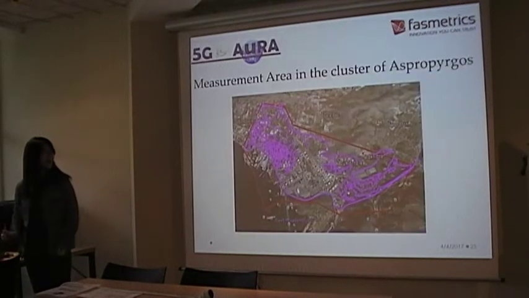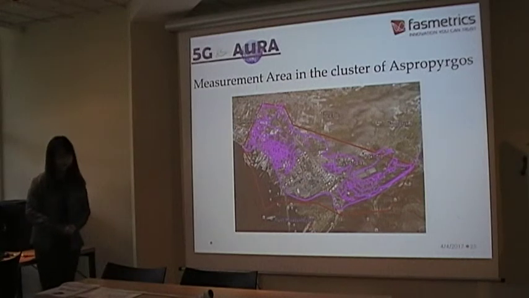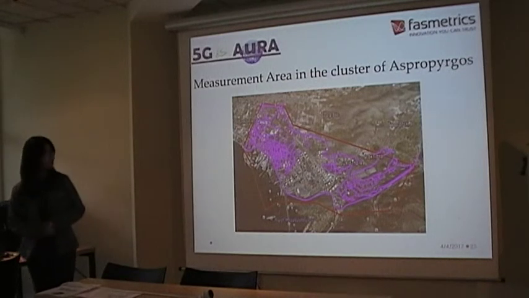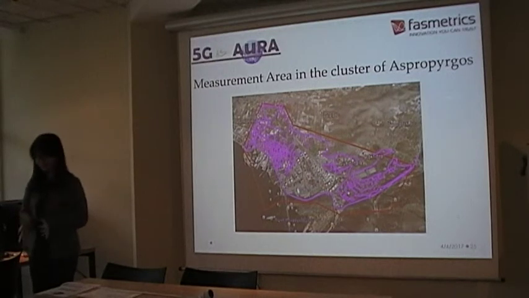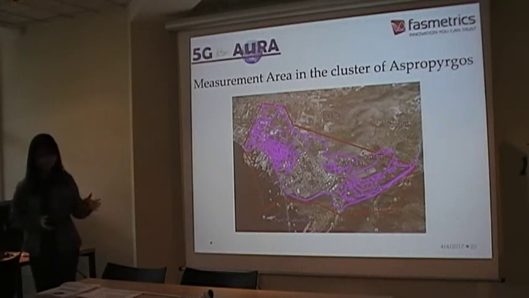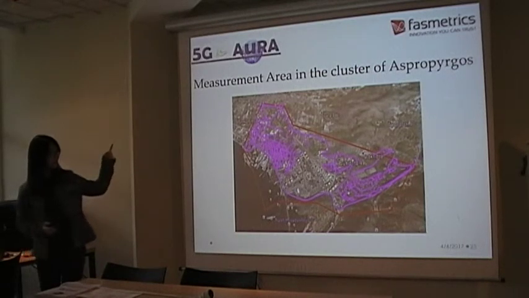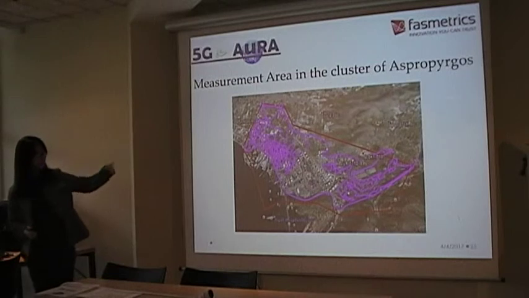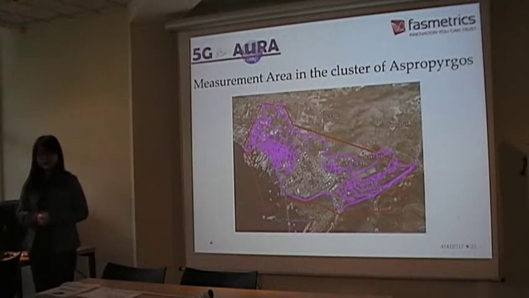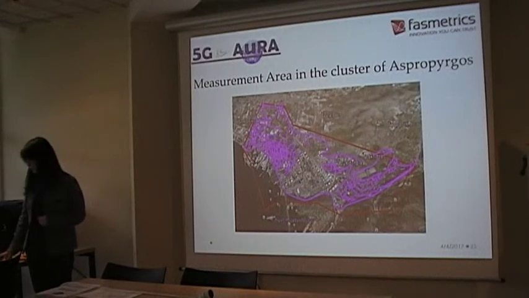So here now I will show you a real data measurement which we took in a place called Aspropyrgos outside Athens last year, where we implemented this antenna azimuth steering in one specific cell which was identified in this cluster, and we got several results.